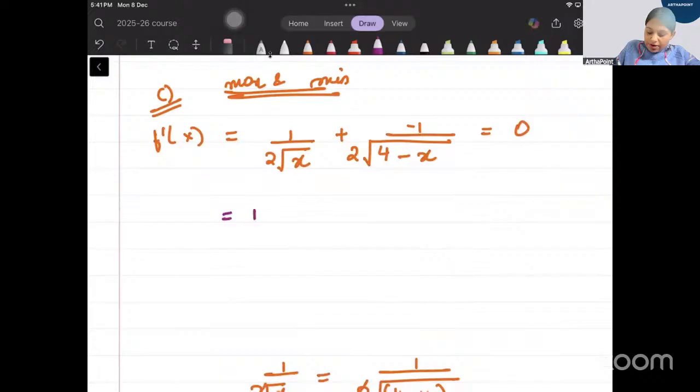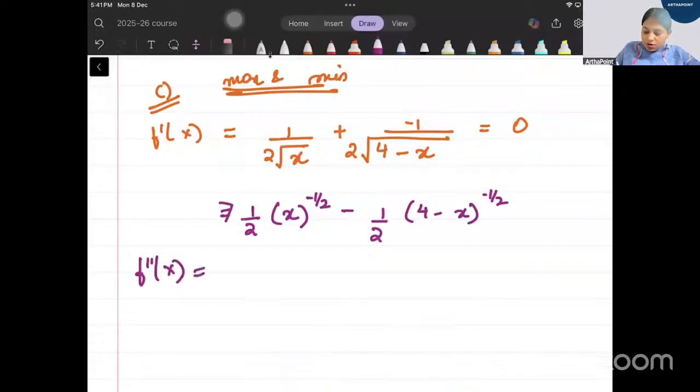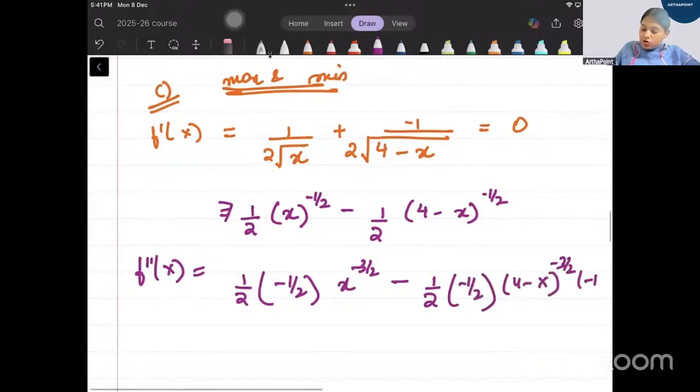So this is 1 by 2, x to the power minus 1 by 2, minus 1 by 2, 4 minus x to the power minus 1 by 2. You double differentiate it. So 1 by 2 into minus 1 by 2, x to the power minus 3 by 2, minus 1 by 2 into minus 1 by 2, 4 minus x to the power minus 3 by 2 into minus 1, because this is minus 1.